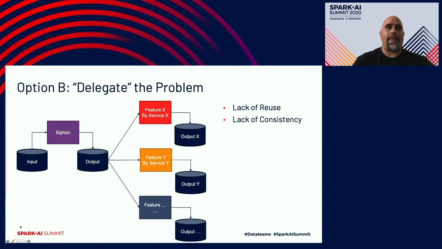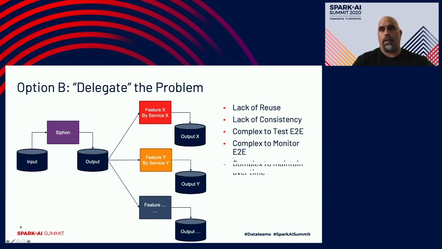This also leads to a lack of consistency because each one of these services may have different SLAs, different delivery guarantees, or different validations. This makes the end-to-end testing more complex, results in more complex monitoring as well, and complexity that will build up over time. Since we have multiple steps involved here too, and multiple output paths, we also get increased latency and increased costs.